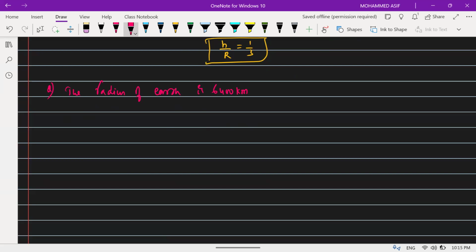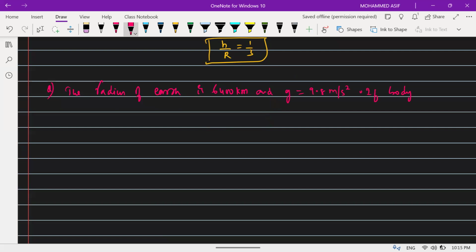The radius of the earth is 6400 kilometers and the value of G is 9.8 meter per second square.